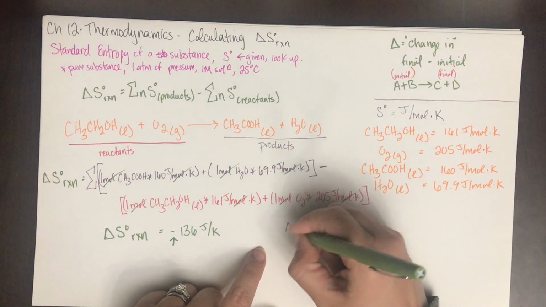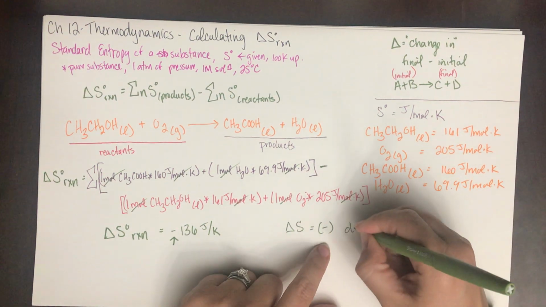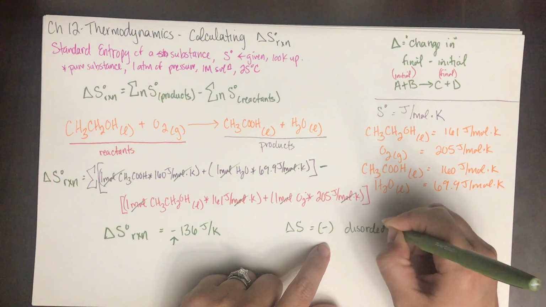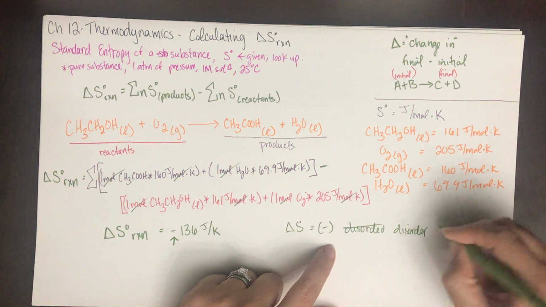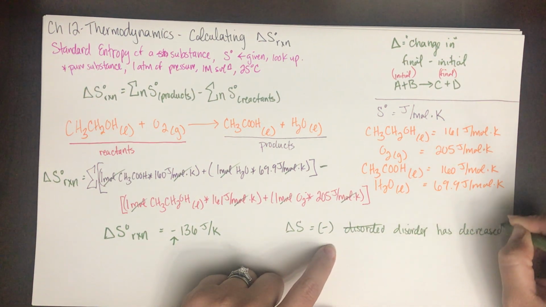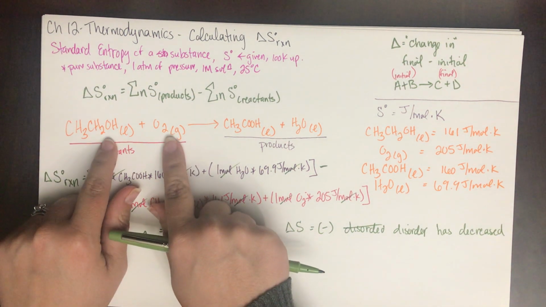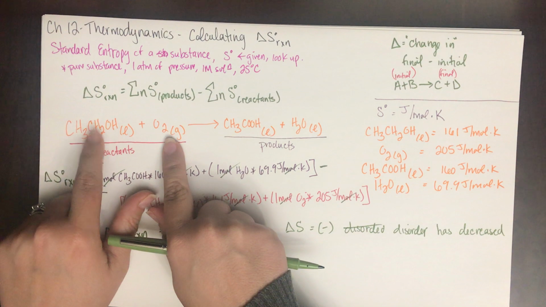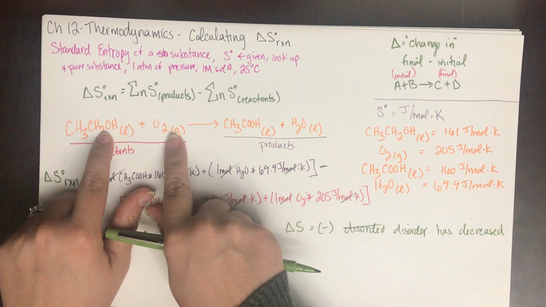So remember, if your delta S is a negative number, that means disorder has decreased. So let's see if that's true. On this side of the reaction, we have 1 mole of liquid, 1 mole of gas, so 2 moles total.